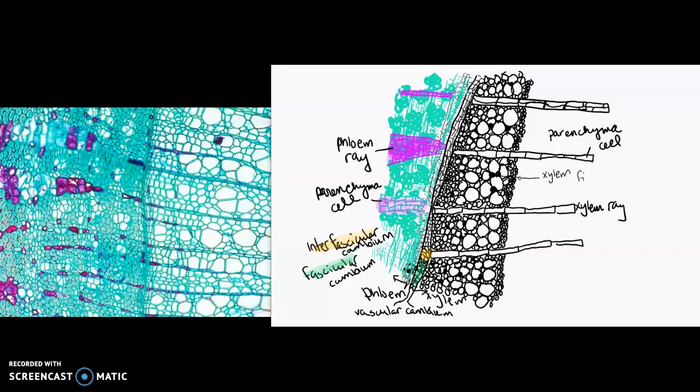And so these are fiber cells interspersed with the vessel elements and the tracheids. And usually they look almost like a solid cell just because they have so little lumen, very similar to the phloem fibers.